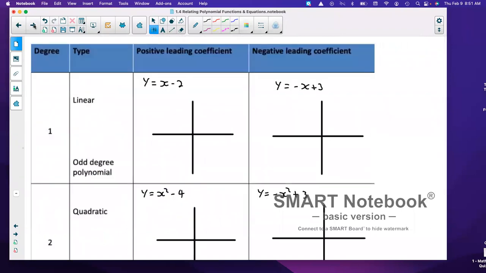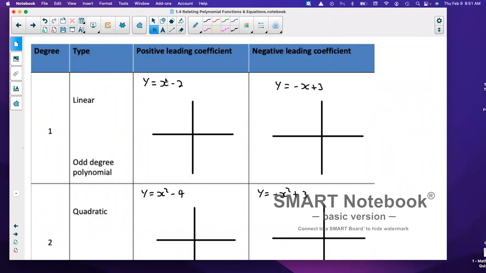Now we're going to look at various degrees of polynomials and find some patterns of them. So a degree 1 polynomial is a linear function. It's technically an odd degree because our degree is 1, which is odd.